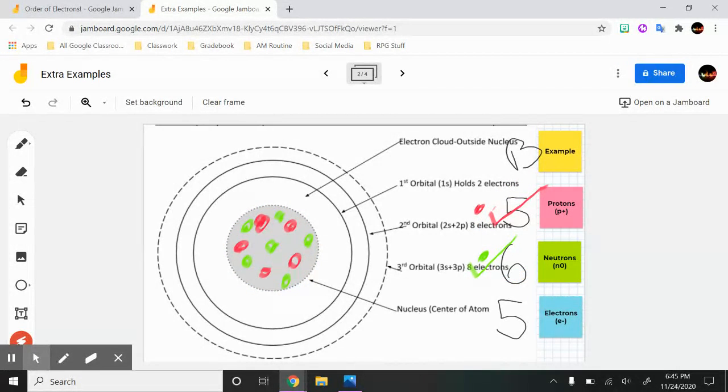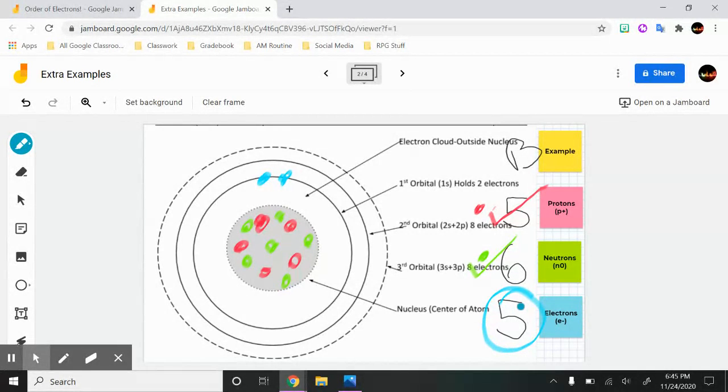The electrons go on the rings. We put the first 2 together on the first ring, but we still have 3 left. So we move out to the second ring and follow our pattern, and we stop once we hit the total of 5.